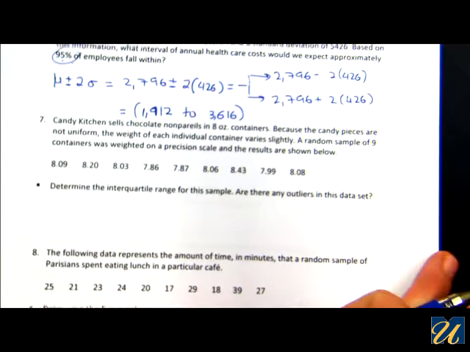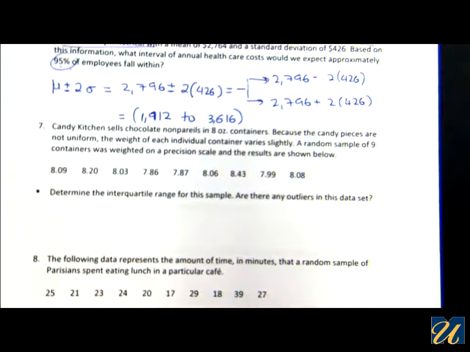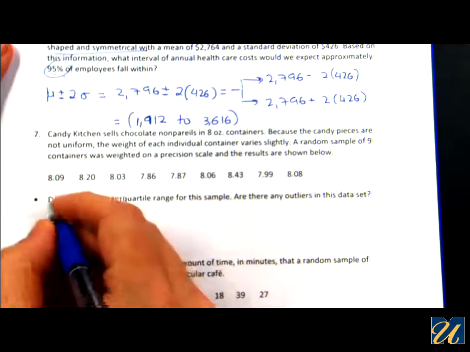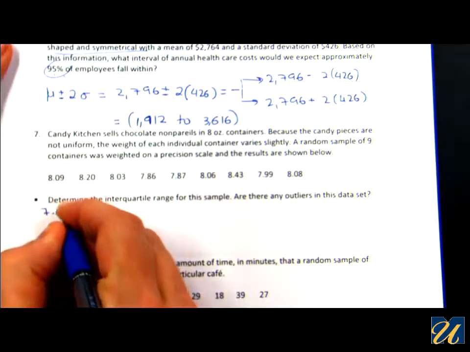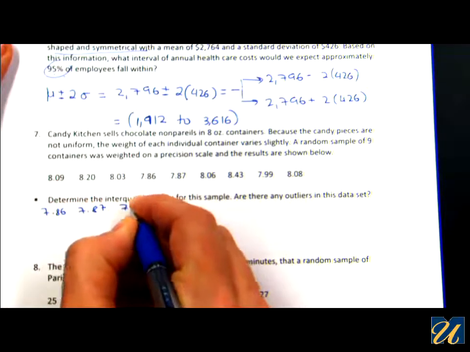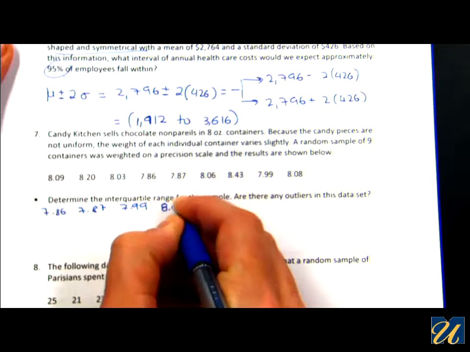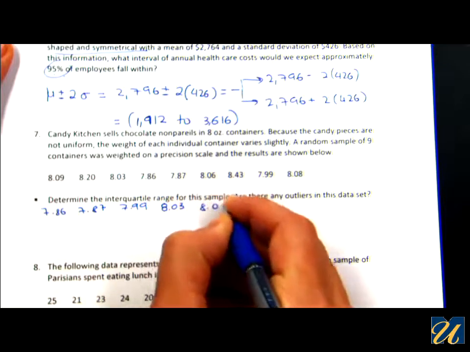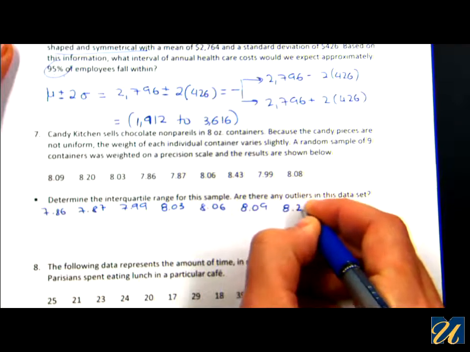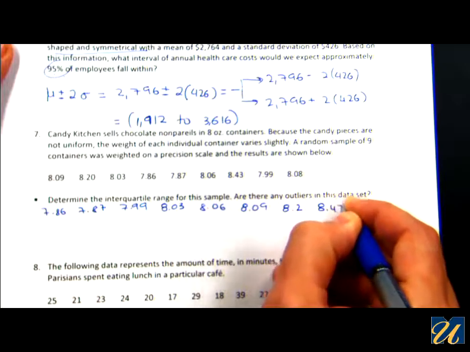We have to determine Q1 and Q3. First thing we need to do is place the data in order. So we will have 7.86, 7.87, 7.99, 8.03, 8.06, 8.09, 8.2, and 8.43.